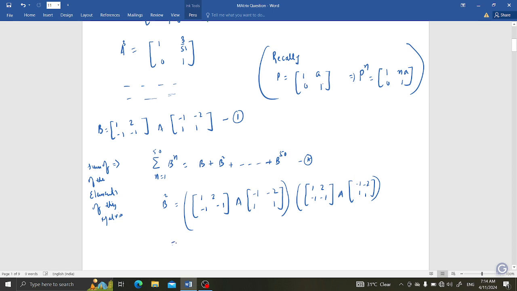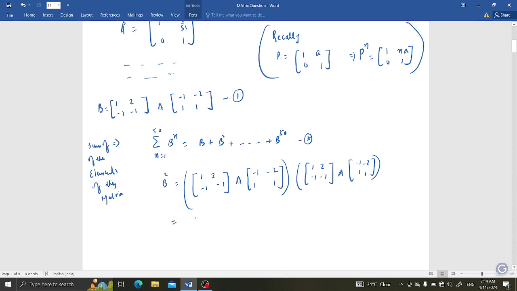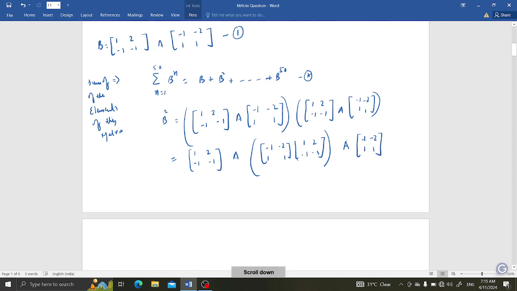Here we will apply the associative law. By applying it, A is as it is, and we need to multiply minus 1, minus 2, 1, 1 with 1, 2, minus 1, minus 1. After multiplying these, we get identity.